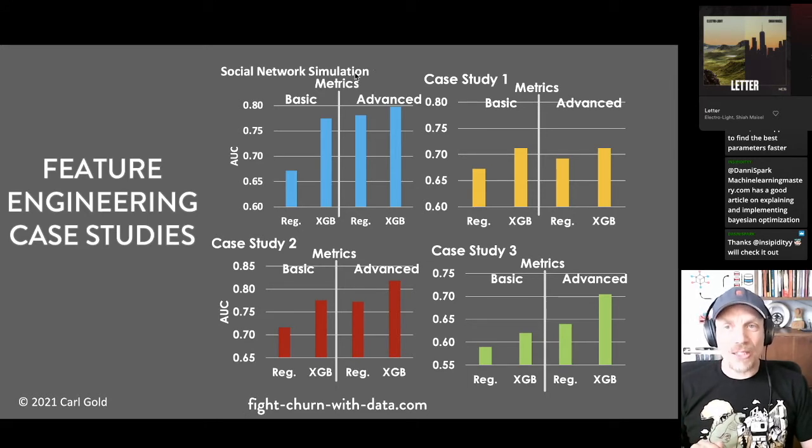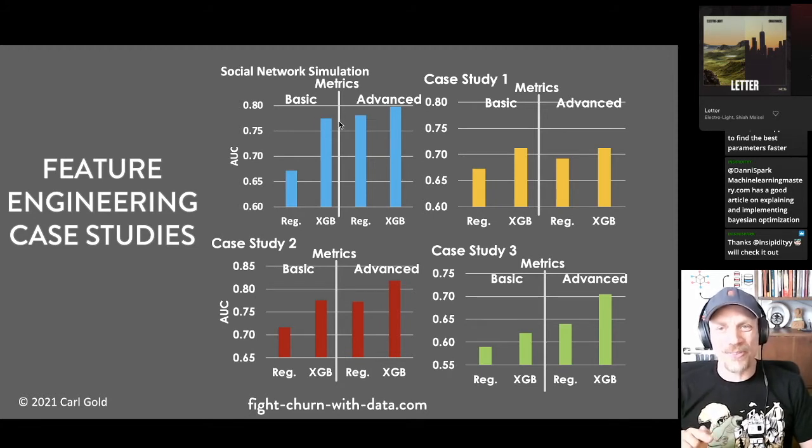That's what we saw in simulation too: regression with the advanced metrics is about the same as XGBoost with basic metrics, with an AUC around 0.78. And then using XGBoost with advanced metrics improves it even more.